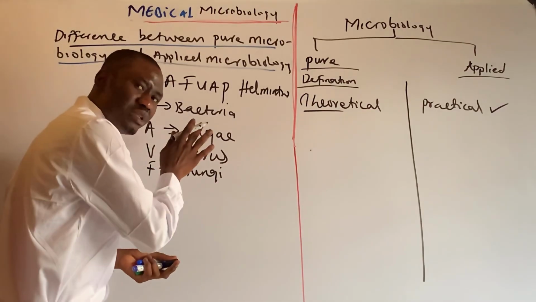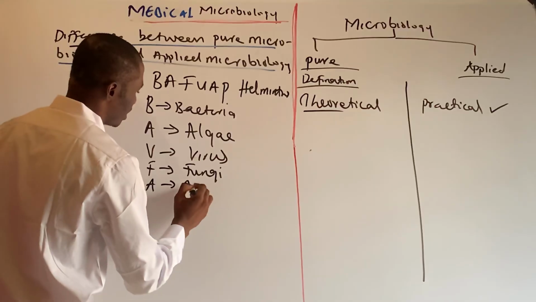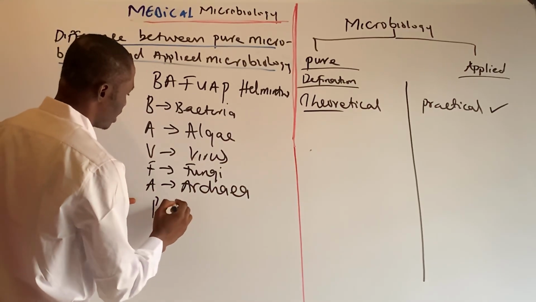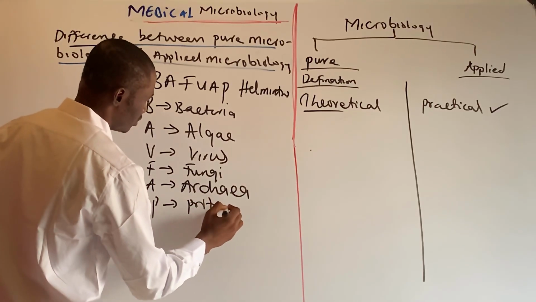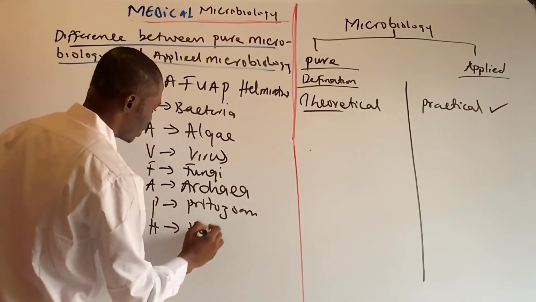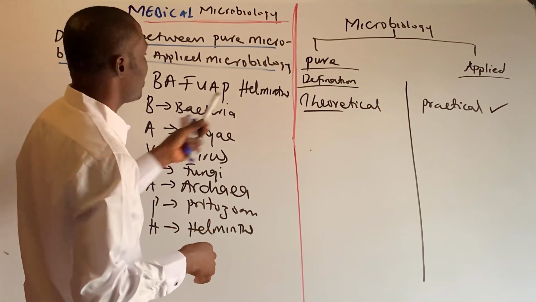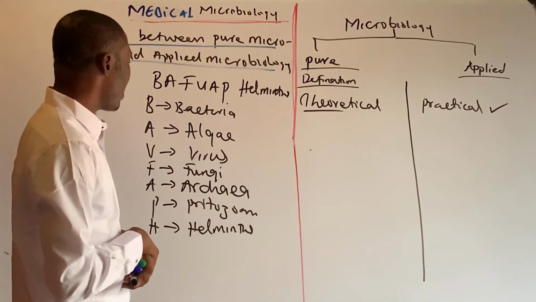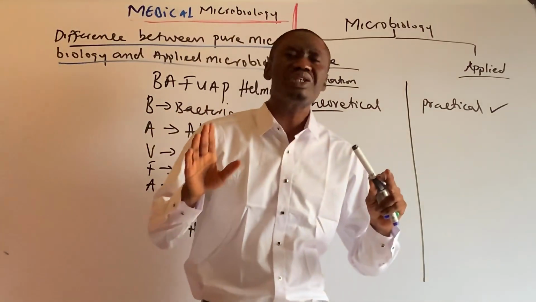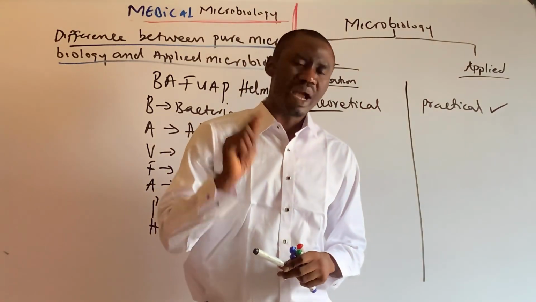I misplaced some of those. A is archaea. Then the last one, P, is protozoan. Then we have H, that is helminths, of course. So we study bacteria, algae, virus, fungi, archaea, protozoans, and helminths. These are the microorganisms we deal with in microbiology.